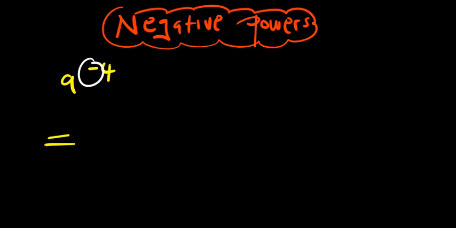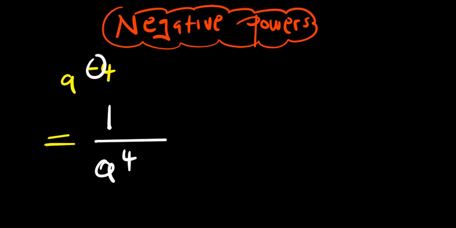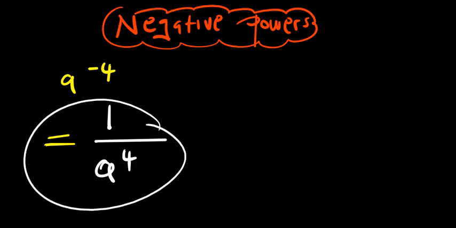This negative that they've put in front, it just means it's a 1. So because it's a 1, you write the same expression but now without a negative, and you divide by it. It means the negative becomes a 1. Then you're going to have 1 over a to the power 4 without the negative. So that's our final answer for this one.